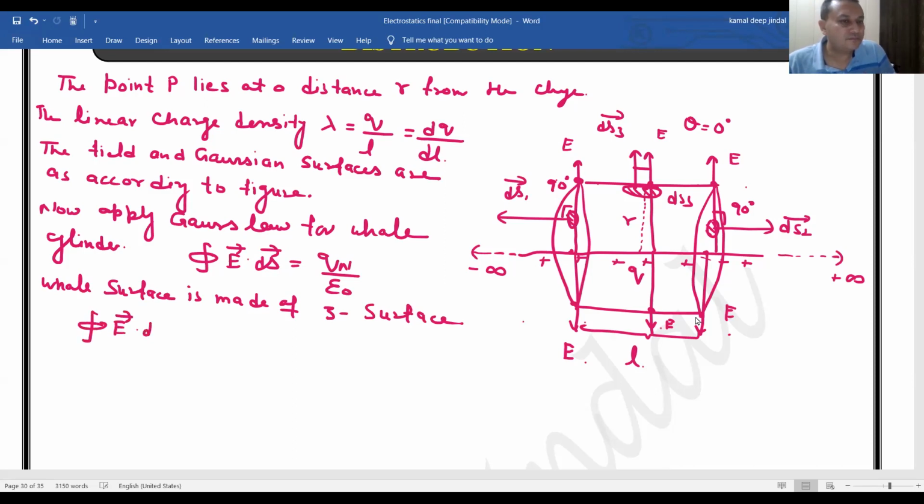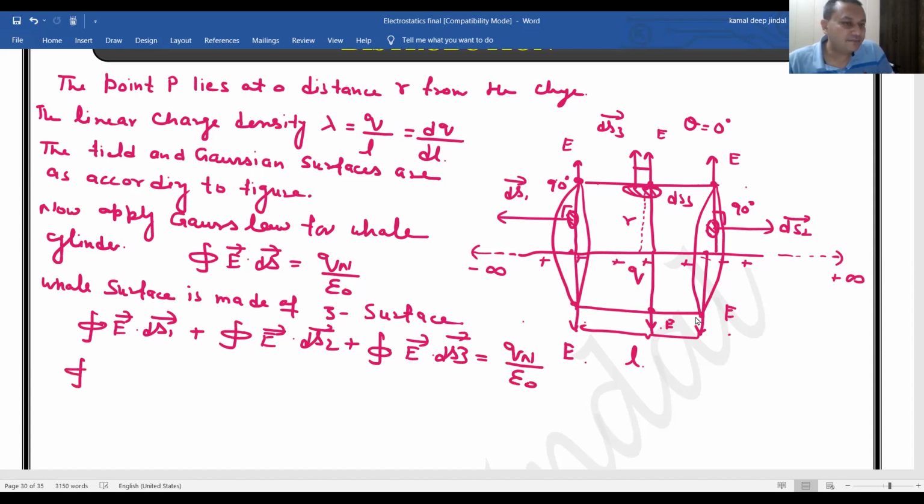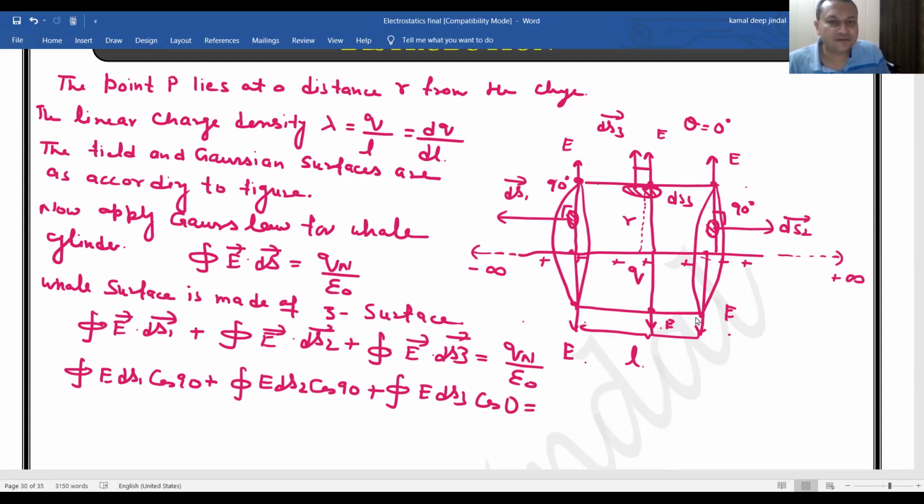E dot ds1 plus E dot ds2 plus E dot ds3 equals q net upon epsilon naught. So I may write E ds1 cos 90, you can see the angle between E and ds1 is 90, plus E ds2 cos 90 plus E ds3 cos 0 equals how much charge is there inside the surface? Q by epsilon naught.